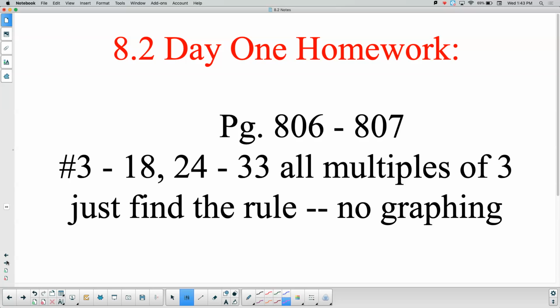I know that already. It's always going up by the same amount. You should also know that it's linear, and the slope of that line is your common difference d. So no need to graph those, just straight up find the rules, find specific terms, tell me if it's arithmetic or not, why or why not.